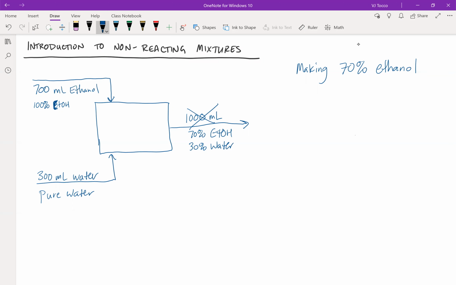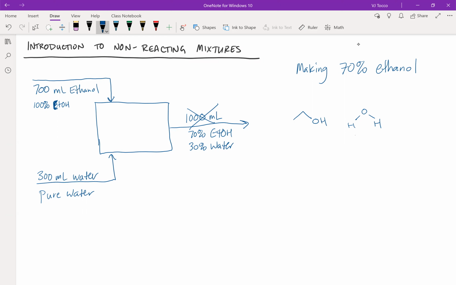So what's going on here? If you look at the shape of the ethanol and water molecules, this is ethanol and this is water. You notice that they're kind of similarly shaped, but ever so different. If you can imagine them interacting with each other, ethanol molecules have interactions with other ethanol molecules. So if I add 700 milliliters of ethanol to 300 milliliters of ethanol, then I would get 1,000 milliliters of pure ethanol.